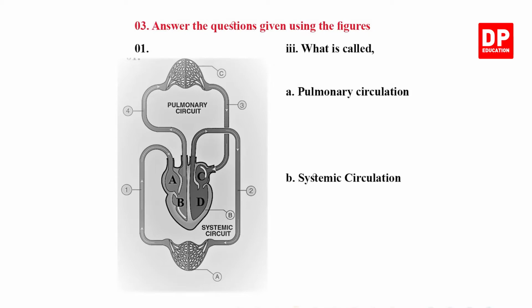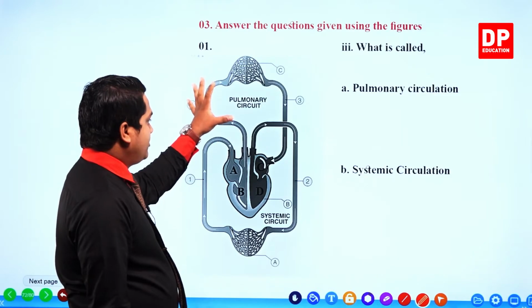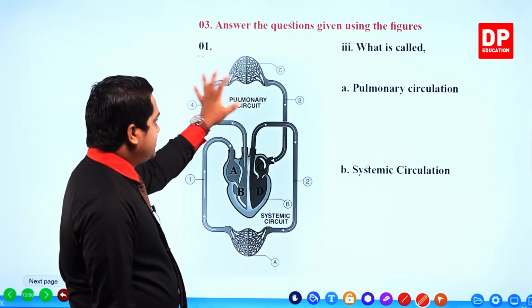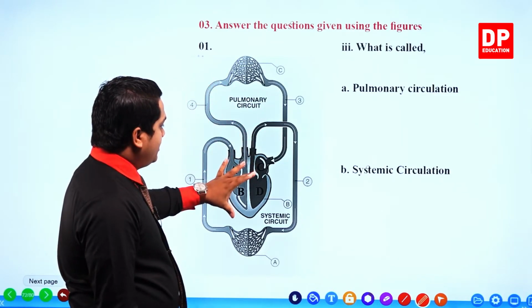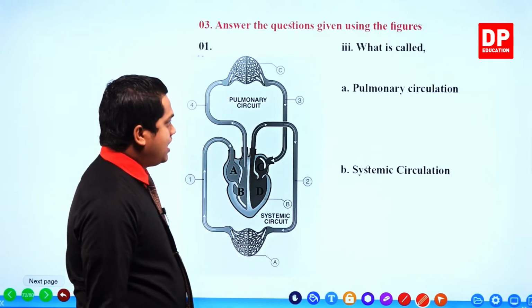Number 3, what is called pulmonary circulation? Pulmonary circulation means the circulation that occurs between the heart and the lungs.